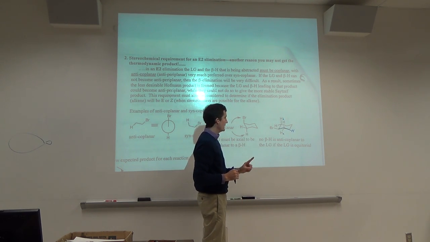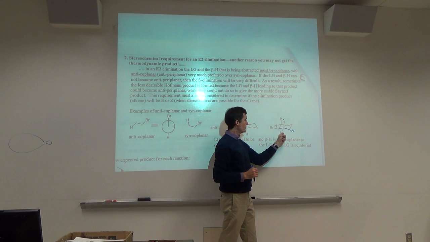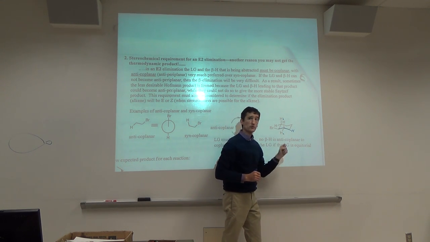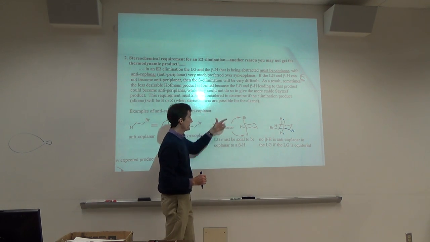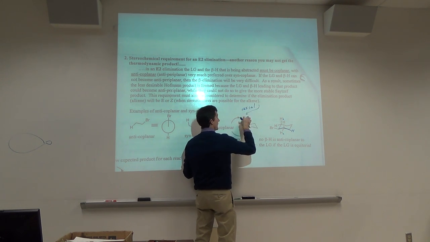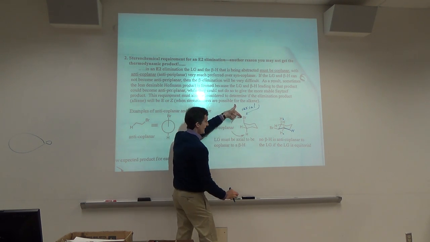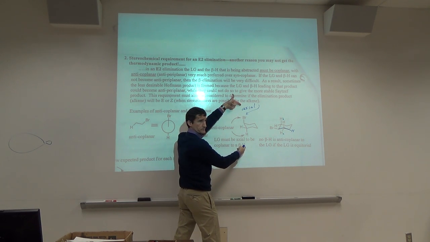But here's the take home. The only way for a beta hydrogen and the leaving group to be anti-coplanar in a chair conformation is if the leaving group is axial. When the leaving group is axial, one of these H's is straight down, one is straight up.